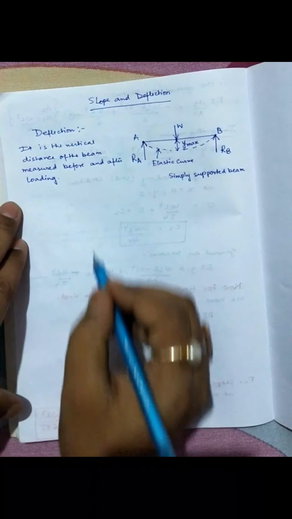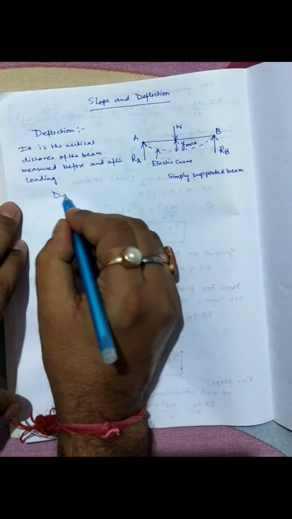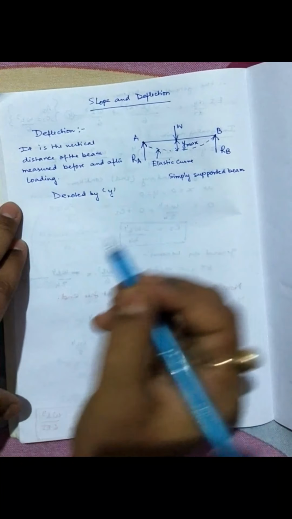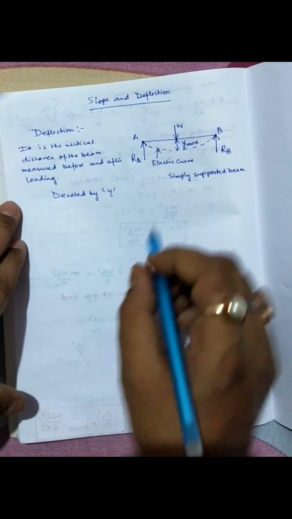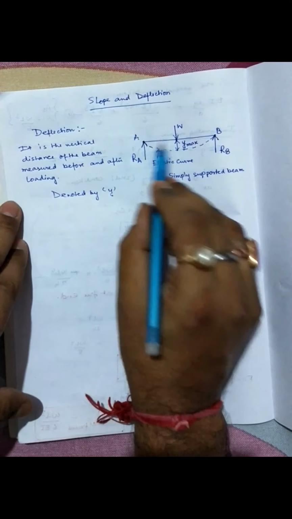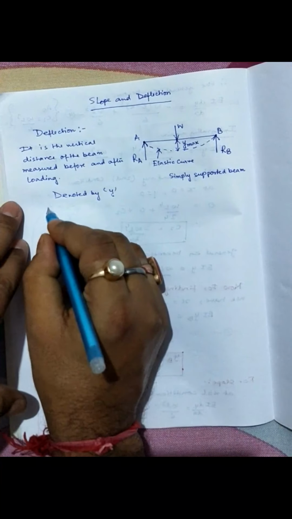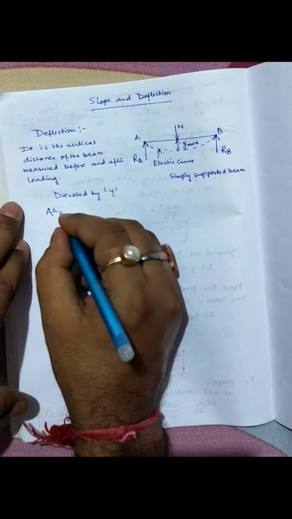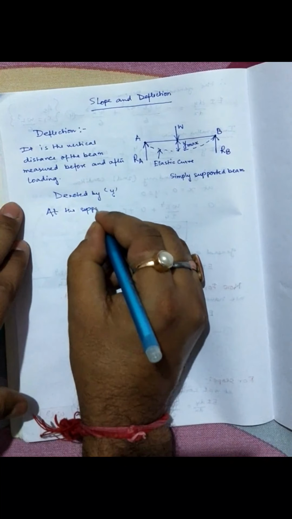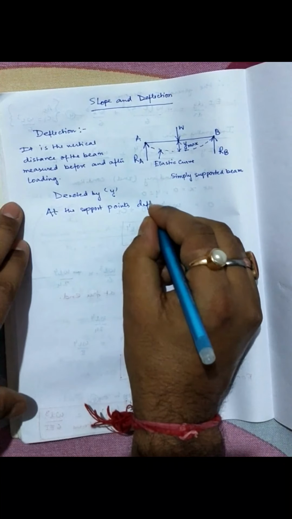It is denoted by Y. At the two support points in a simply supported beam, the deflection is minimum, that is equal to 0.